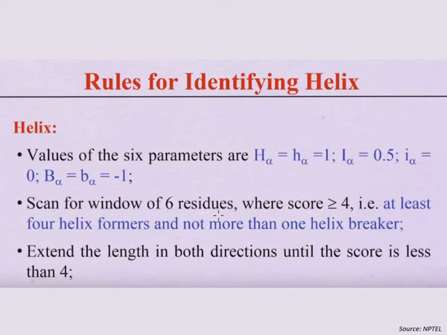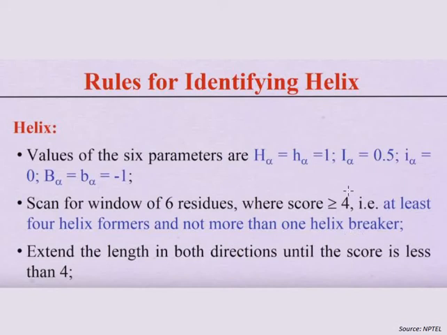So 6 amino acids will be considered at once, and the score based upon this classification is calculated, and if you have a score of greater than 4, then those residues are part of an alpha helix. So at least 4 helix formers have to be there. Among these 6 residues there have to be 4 helix formers and not more than 1 helix breaker residue.